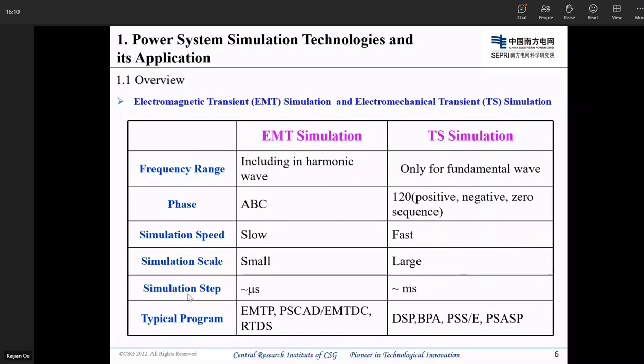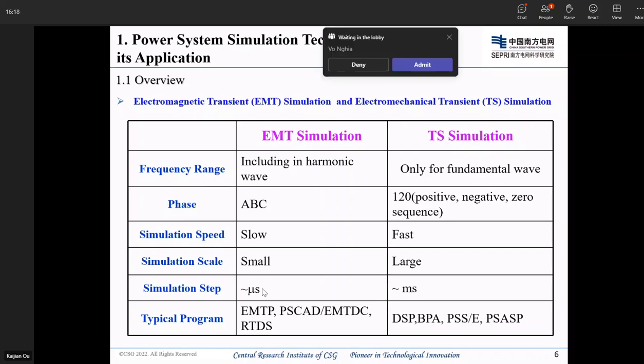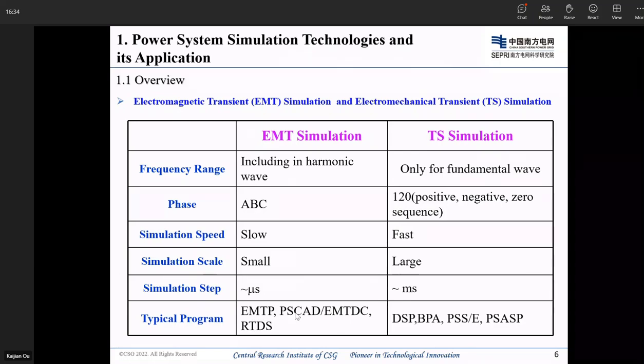For the simulation step, EMT simulation normally uses microseconds. For TS simulation, the time step is normally milliseconds. Typical programs for EMT simulation, as I said just now, are EMTP or PSCAD, which are non-real time, or RTDS, which is a real time EMT simulation.